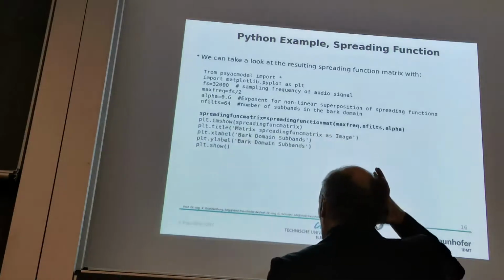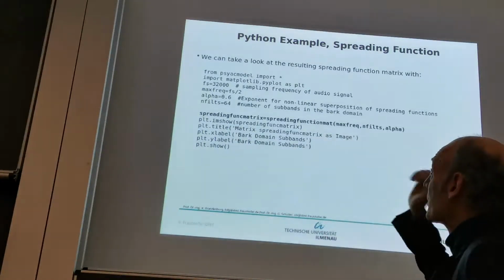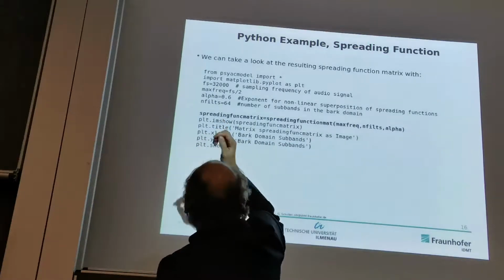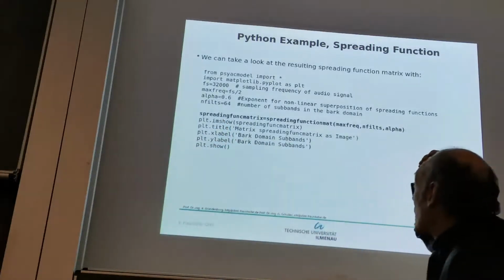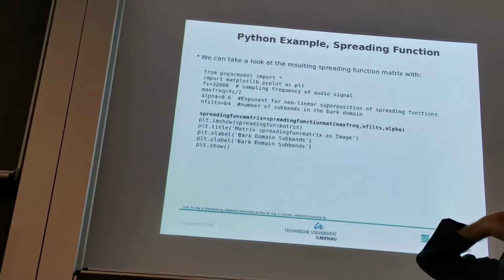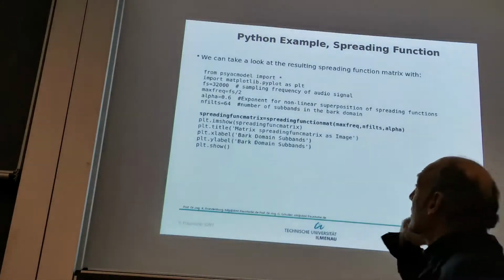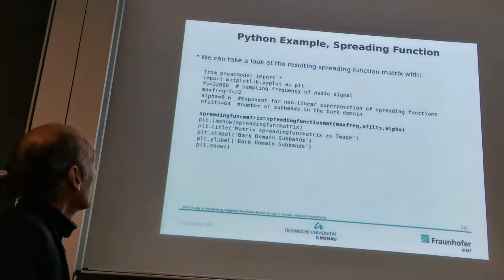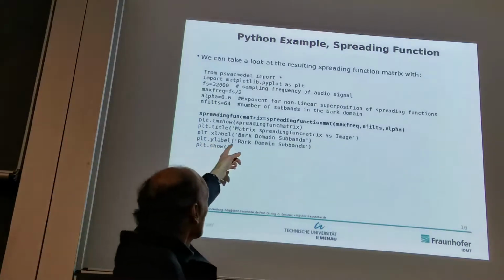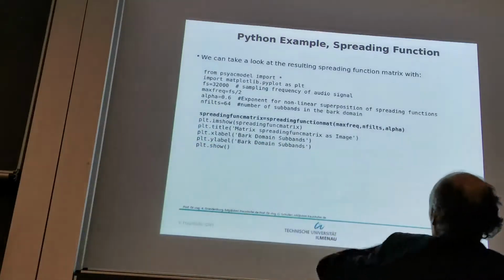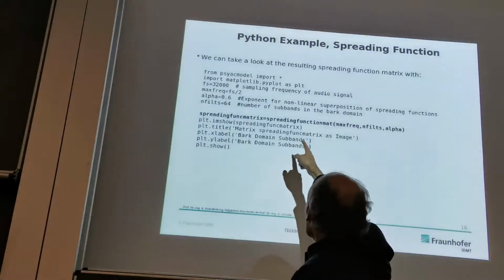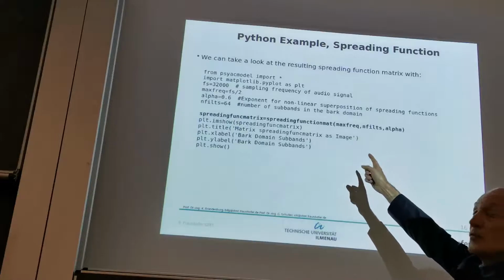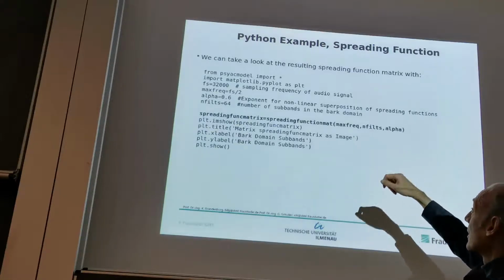First we can take a look at an example. Here I'm taking alpha 0.6, the number of filters in the Barbed domain is 64, the number of subbands, and a sampling frequency of 32 kilohertz. I'm simply computing the spreading function matrix using this function, which just wants the maximum frequency, the number of filters, and the alpha.